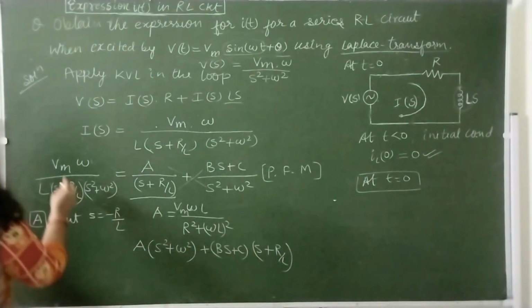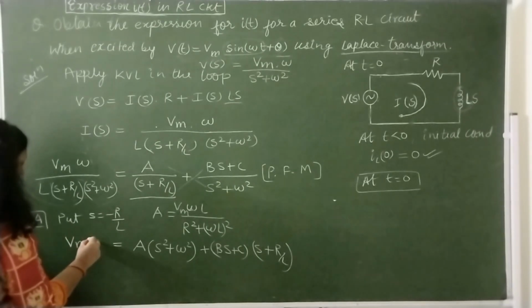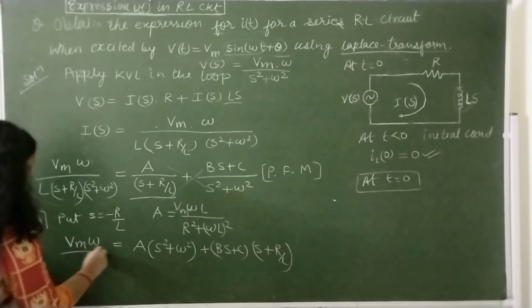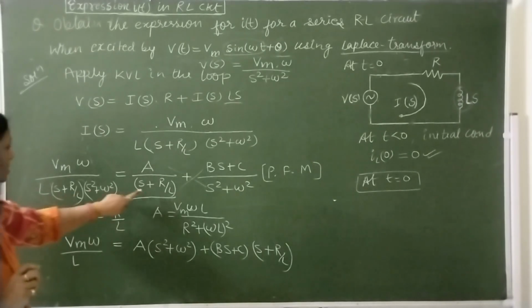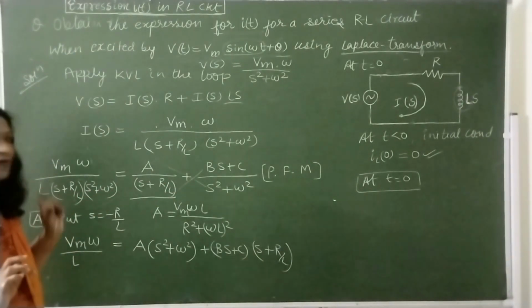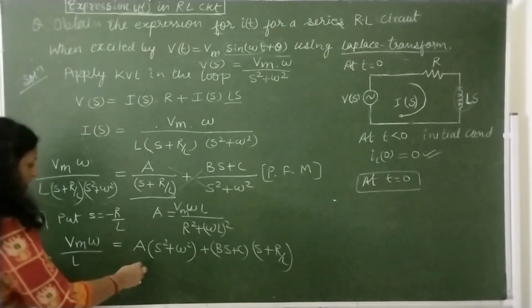Okay, and here on the left hand side Vm omega by L is there, and these denominator terms will be cancelled by each other.